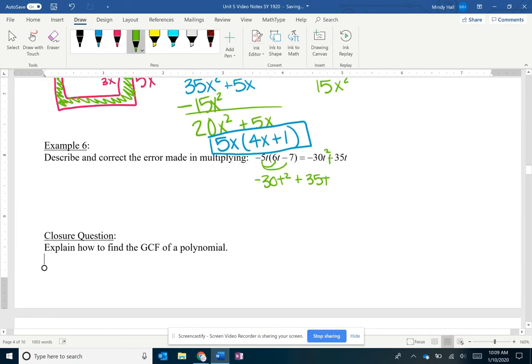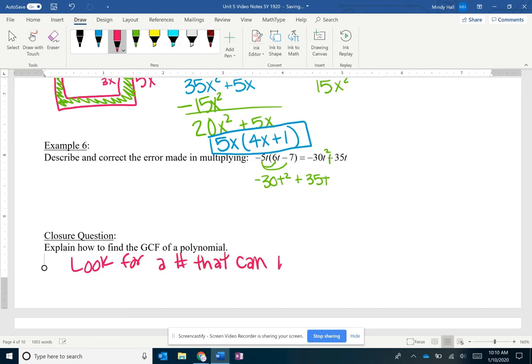Okay, so we want to explain how to find the GCF of a polynomial. In your own words, you can do it too, but I would say look for a number that can be evenly divided with all terms.